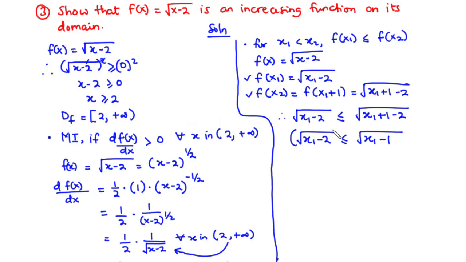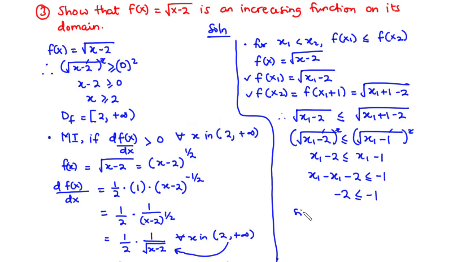At this point, let's square both sides to remove the square root. Doing so, we have x1 minus 2 is less than or equal to x1 minus 1. Now let's transpose x1 to the left hand side. So we have x1 minus x1 minus 2 is less than or equal to negative 1. x1 minus x1 is 0, so it goes away. We have negative 2 is less than or equal to negative 1.